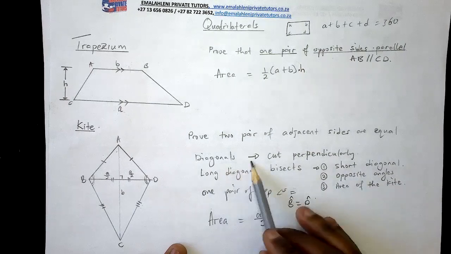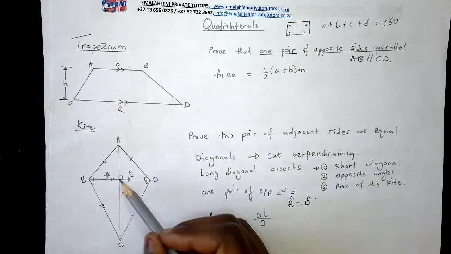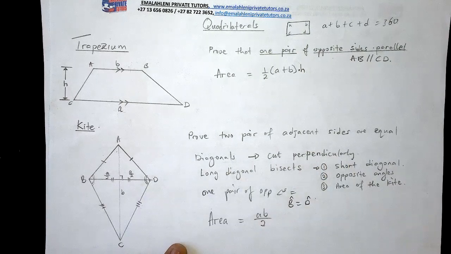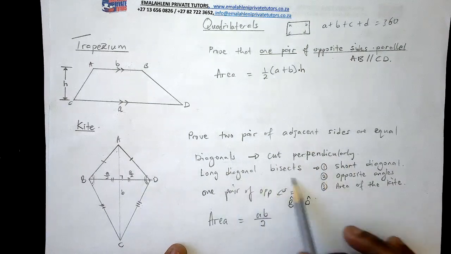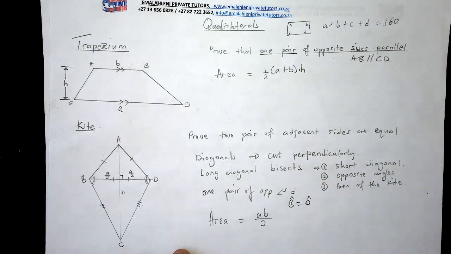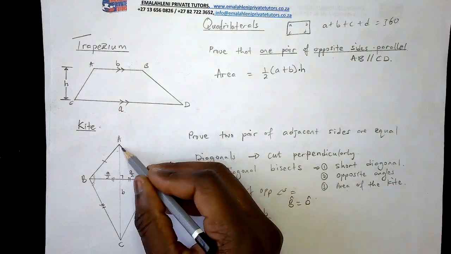So we're saying the diagonals cut perpendicular, meaning they form 90 degrees here. They are perpendicular to each other, and the long diagonal bisects the short diagonal. These angles are also bisected here.